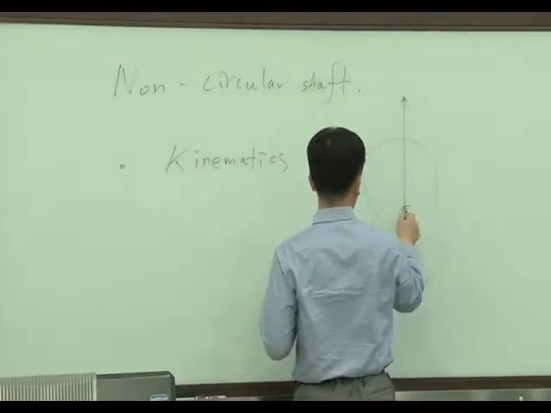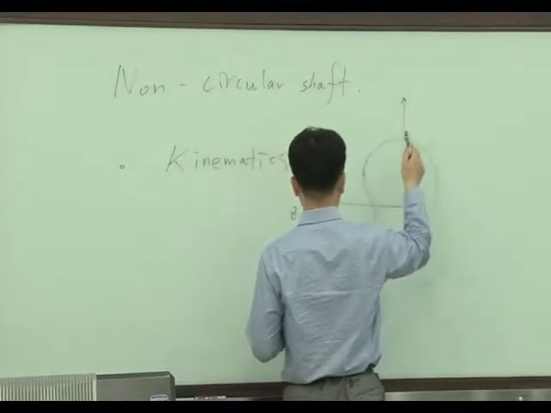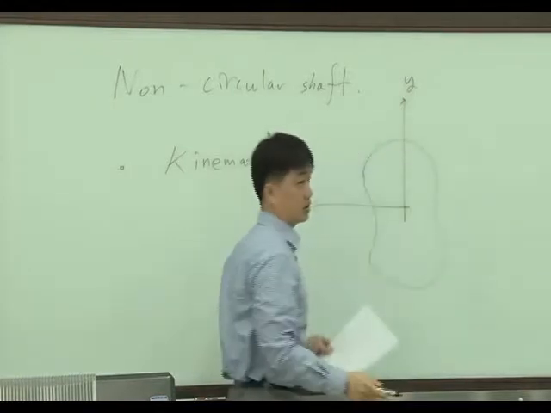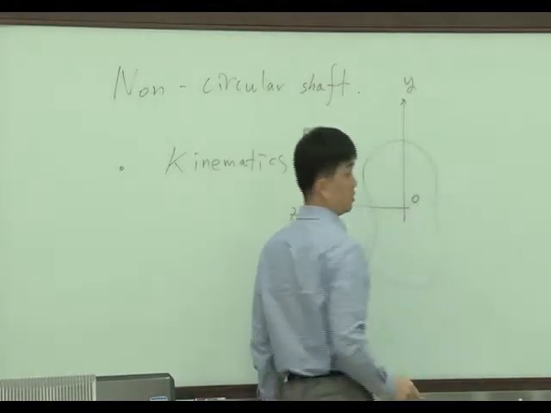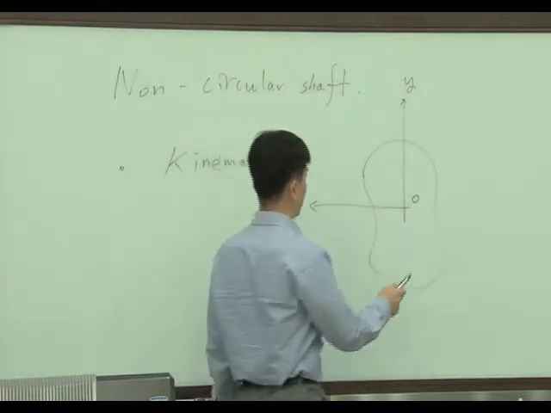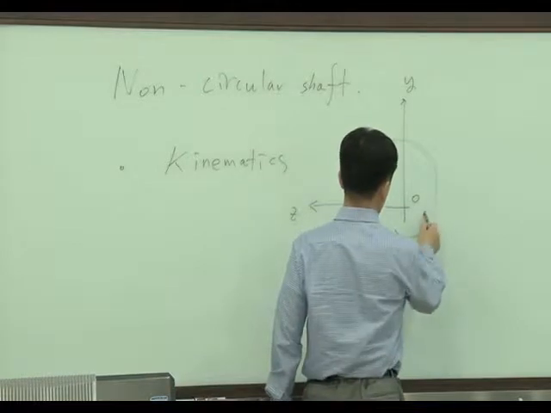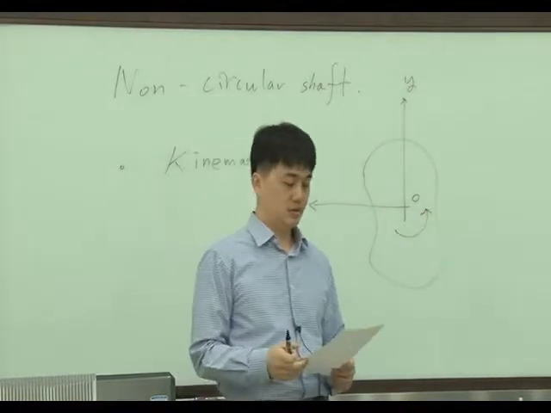And let's define a coordinate system on the section. This section will rotate about the origin of this coordinate system, and the direction of rotation is this. This is a twisting rotation.